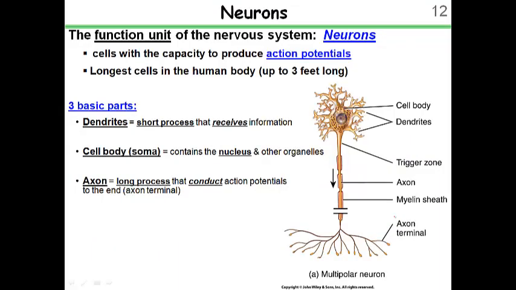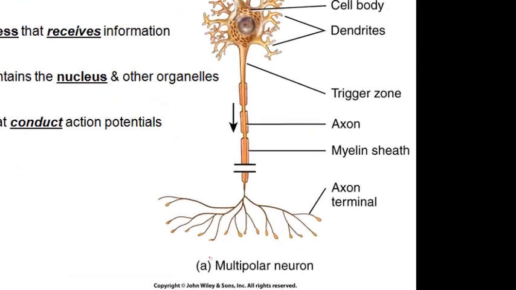So let's start our discussion on neurons. Neurons are the functional unit of our nervous system. They have the capacity to produce action potentials, which we're going to be discussing in class. An action potential is a nerve impulse, electrical current traveling down the axon. This is a nice basic drawing of a neuron.